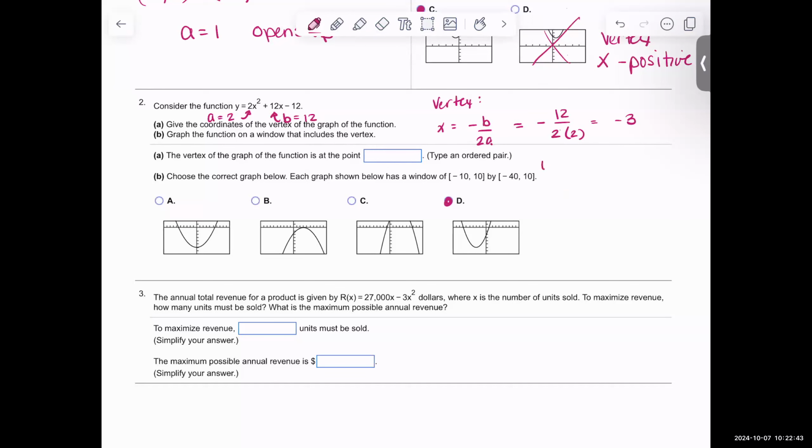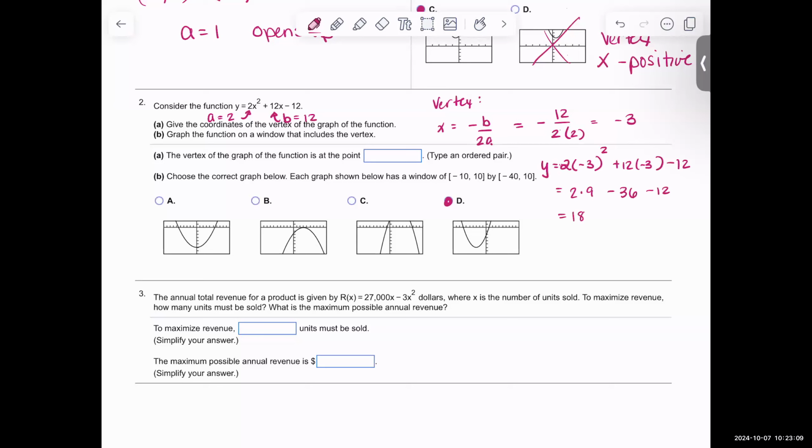To find the y coordinate, we evaluate the function at -3. So 2 times (-3)² plus 12 times -3 minus 12. So that's 2 times 9, since (-3)² is 9, minus 36 minus 12.